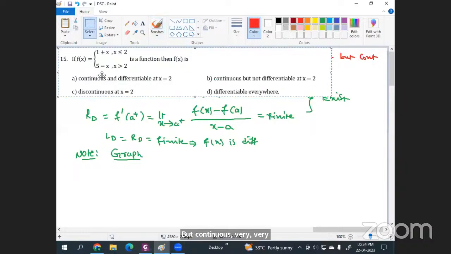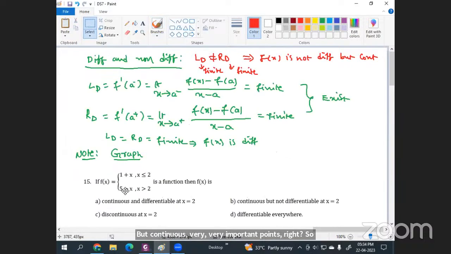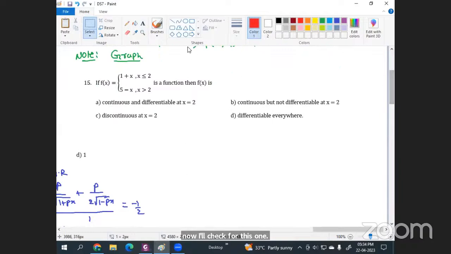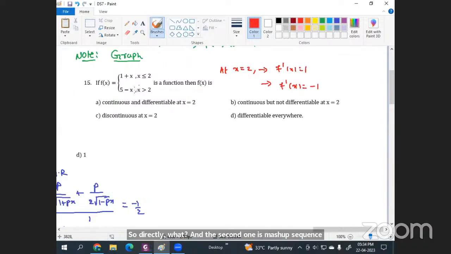Now I'll check for this one at x equal to 2. f dash of x equals 1 on one side, and f dash of x equals minus 1 on the other.